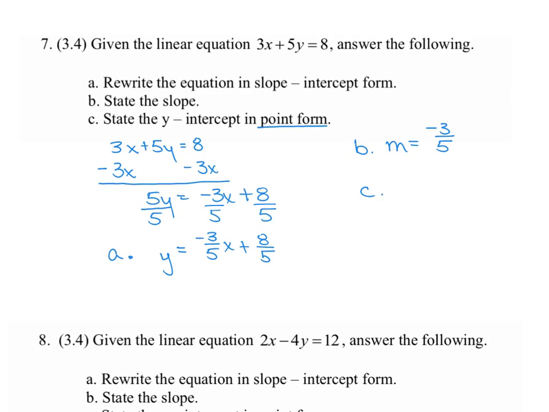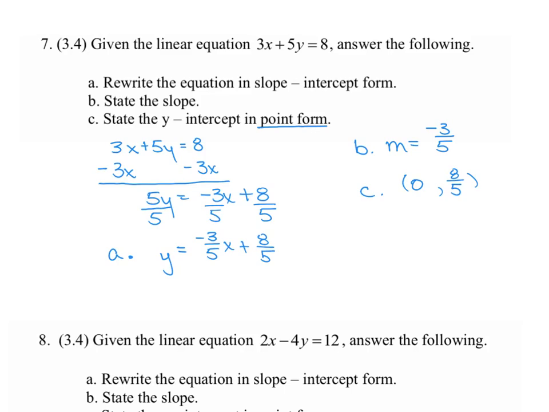Point form, what does that mean? It means I want 2 coordinates. So 8/5 is my y-intercept. Is it the first coordinate or the second coordinate? Well, since it is a y value, it is going to be the second coordinate. My first coordinate is going to be 0. Okay, so that takes care of 7.